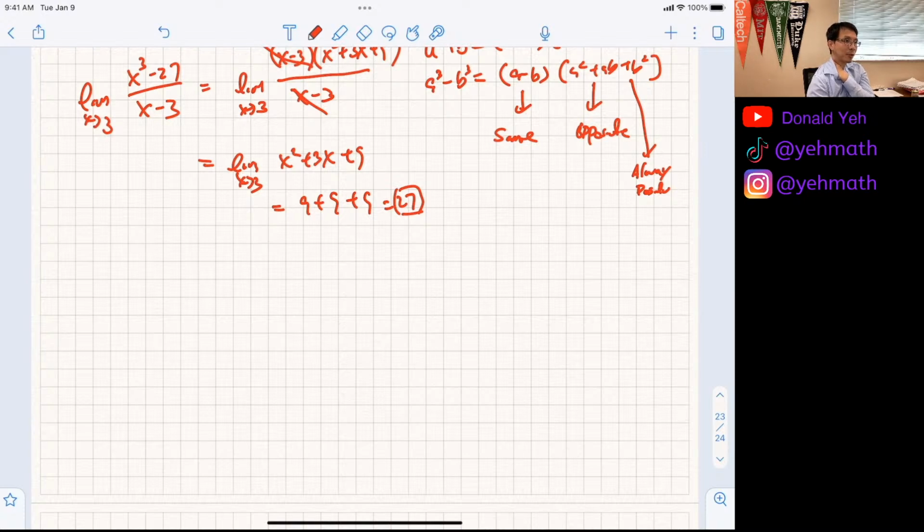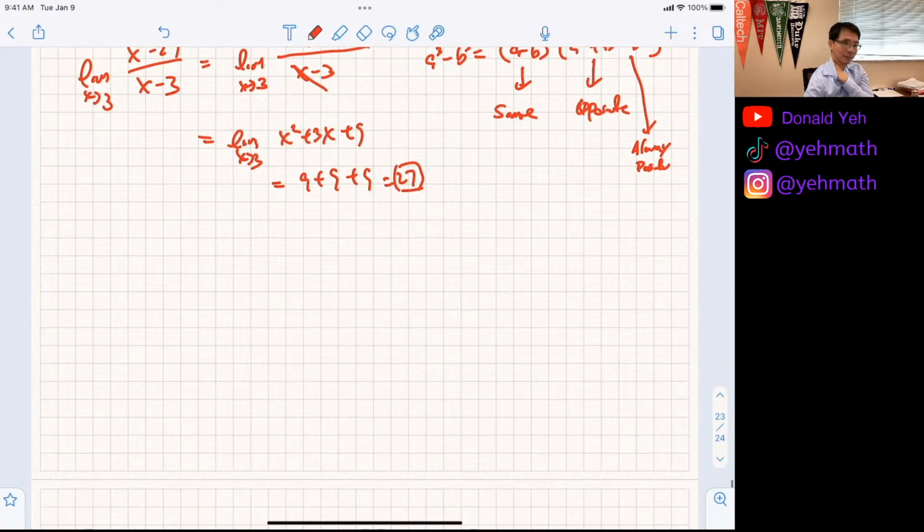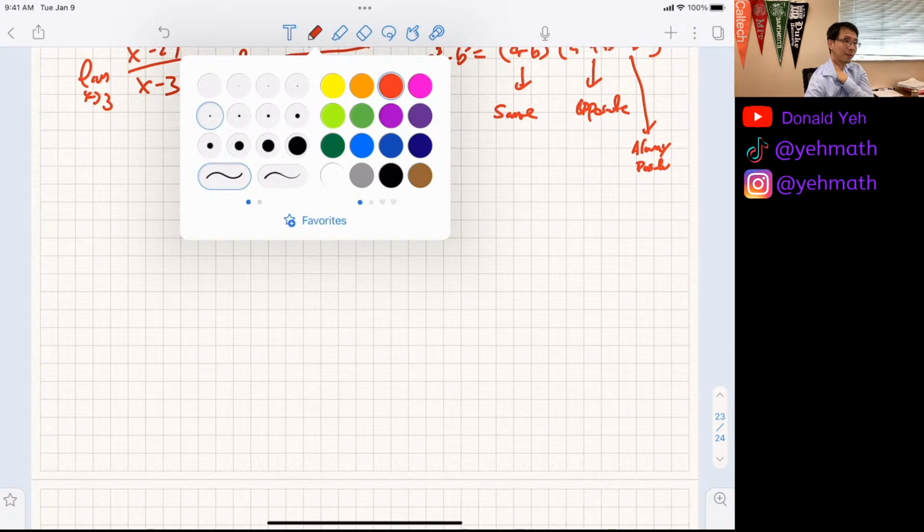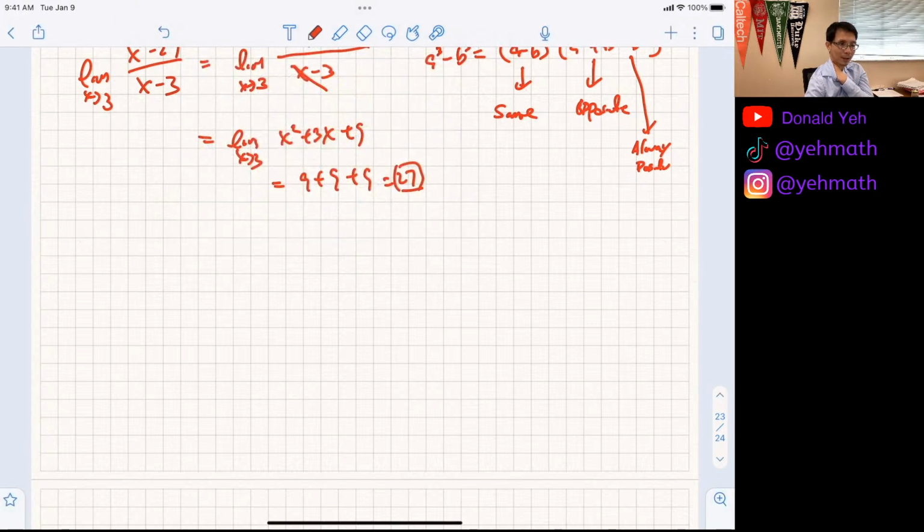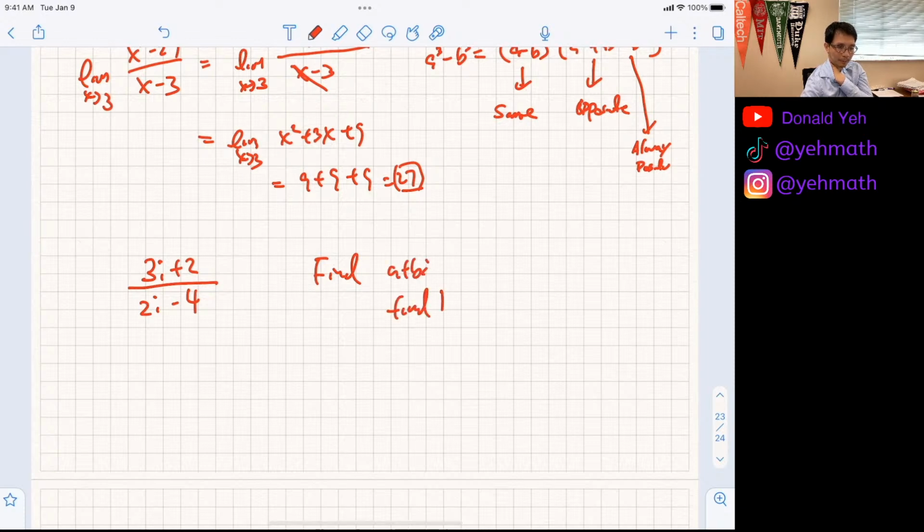Yesterday on Saturday on the SAT, did you see any problem dealing with i? No? Okay. Well, your next test might have it. Because this test doesn't have it, the next test probably will. Sometimes they ask you like this: 3i plus 2 over 2i minus 3. And they say, can you find the a plus bi form, and can you find the b?